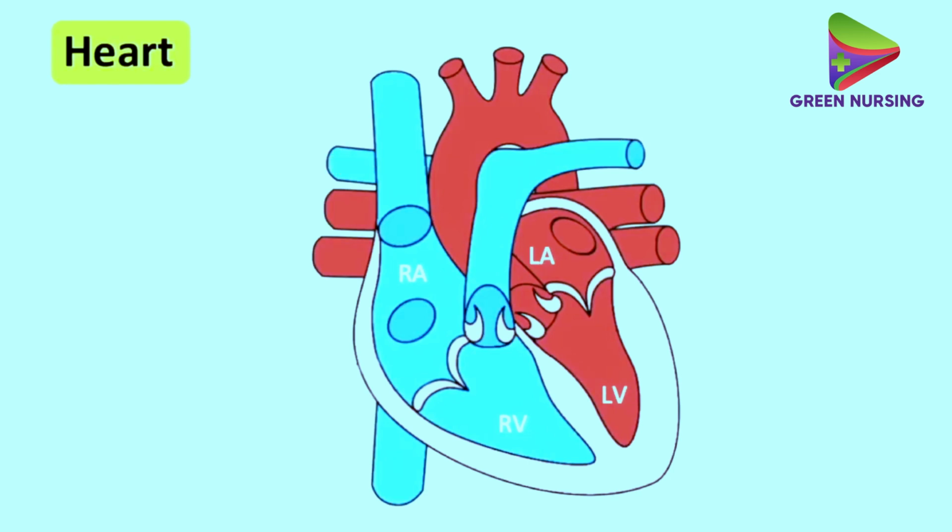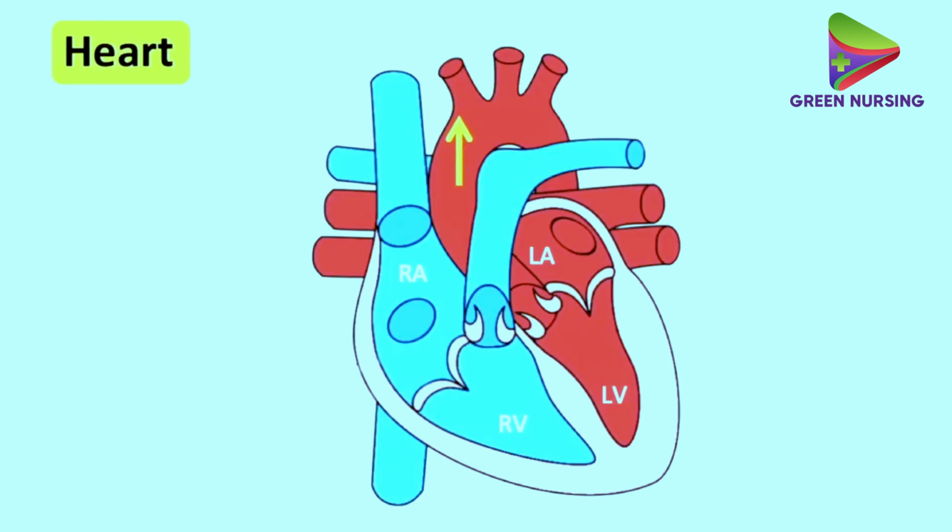At the same time, the oxygenated blood from the lungs enters the heart through the left atrium via the pulmonary veins. The left atrium contracts and blood then flows through the mitral valve into the left ventricle. The left ventricle contracts and oxygenated blood flows up through the aortic valve into the aorta.